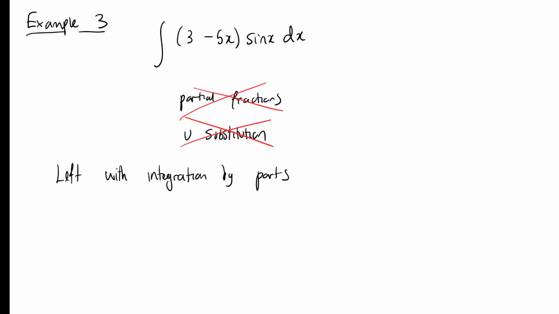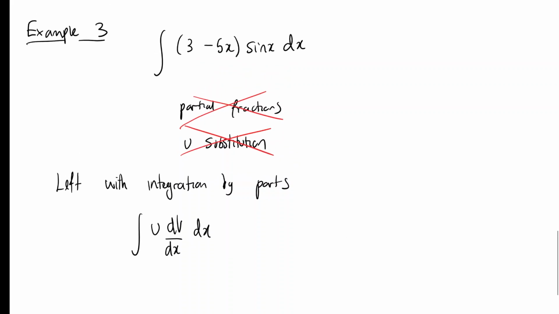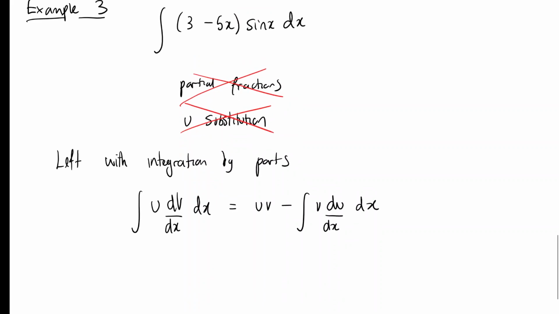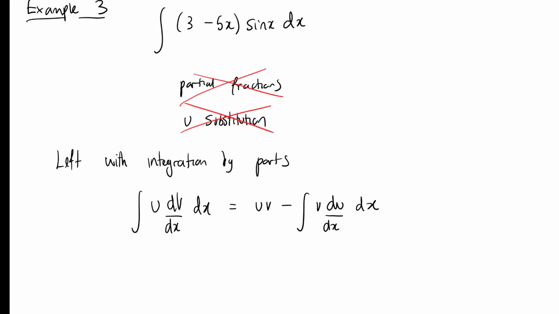Again, some decision still has to be made, because if we just quickly write out the rule, the integral of u dv dx, our original integral, is going to turn out to be uv minus the integral of v du dx with respect to x. So we have to decide which part of the original integral up here is u and which part of this is dv dx.